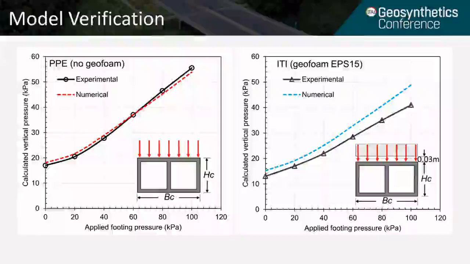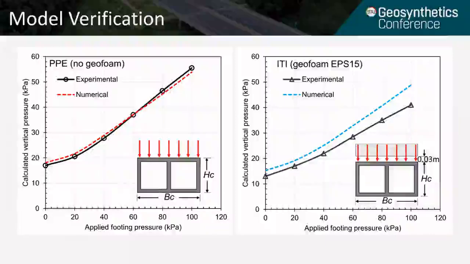Here on the left side of the slide, we're showing the model verification result for the positive projecting embankment, in which no geofoam was used. So here we're showing the experimental and the numerical result. As we can see, under the applied footing pressure, there is pretty good agreement between the experimental and numerical result for the positive projecting embankment as the footing pressure increases.